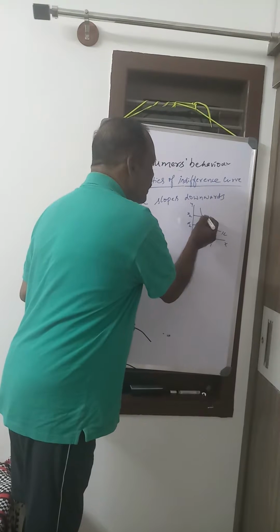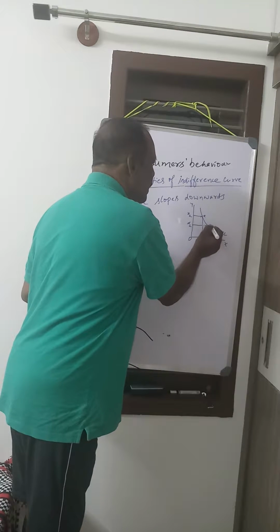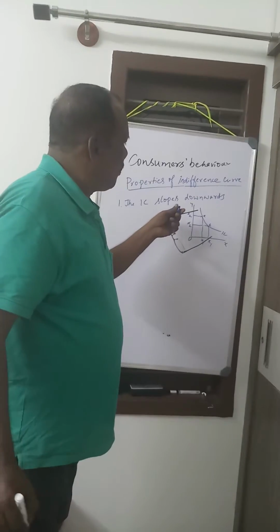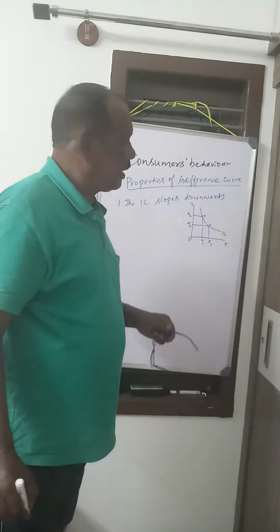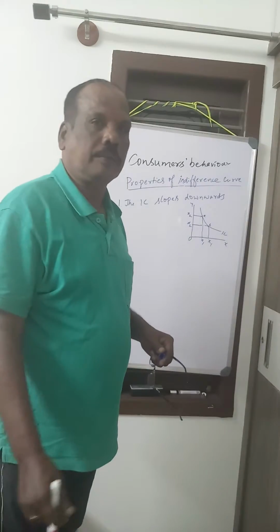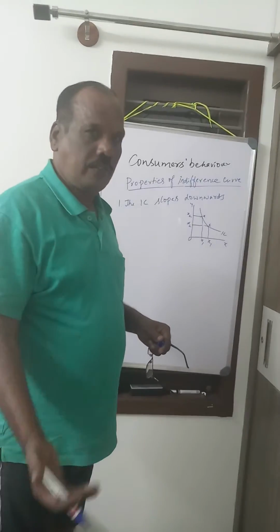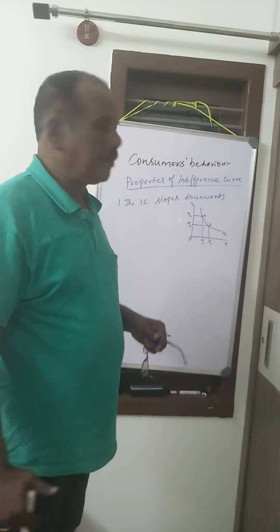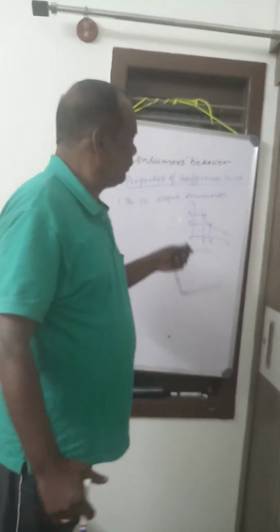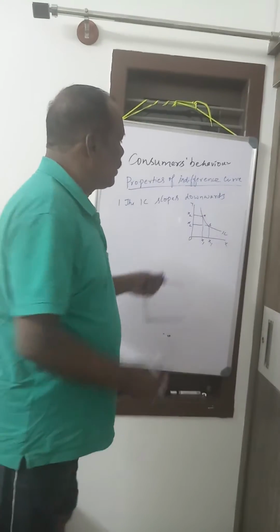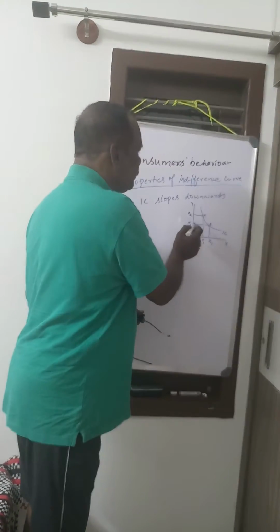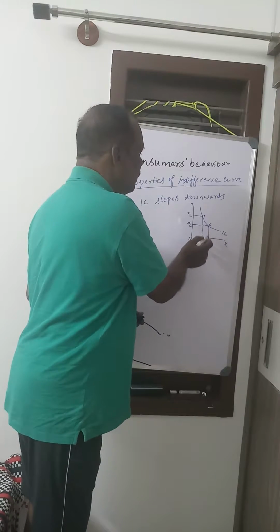And this is point A and this is point B. Point A and point B give the same level of satisfaction, but there will be change in the quantity of commodities used. So here more of X2 and here more of X1.